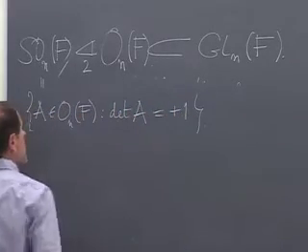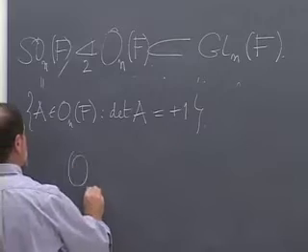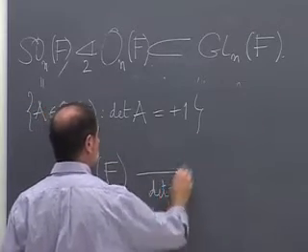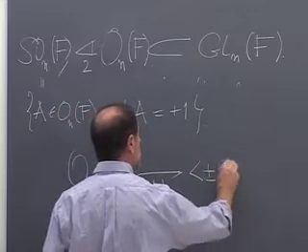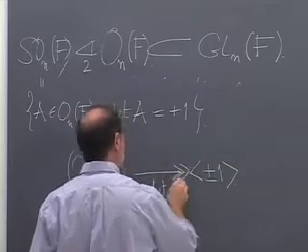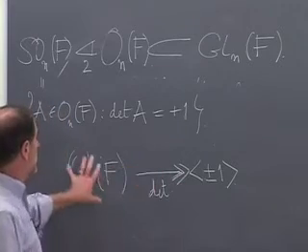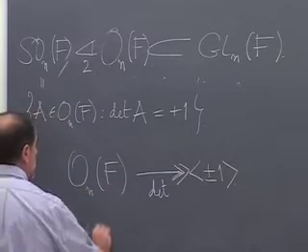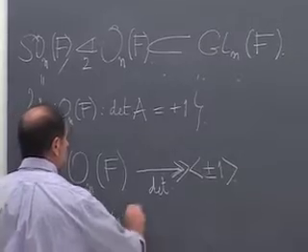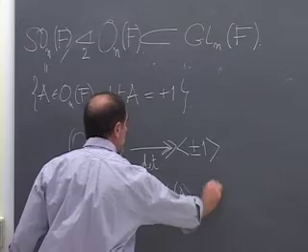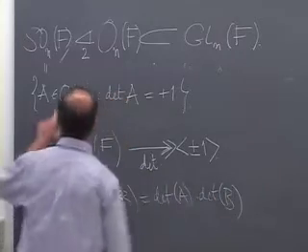And that's a group of index 2 because if you think of the determinant as a homomorphism, you get a homomorphism, the determinant, to the group of order 2, plus or minus 1, which is onto, because you have things of both determinant plus 1 and minus 1. It's a homomorphism because the determinant of AB is the determinant of A times the determinant of B. And this group is just its kernel.